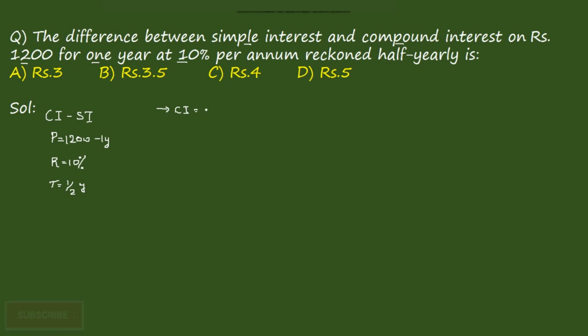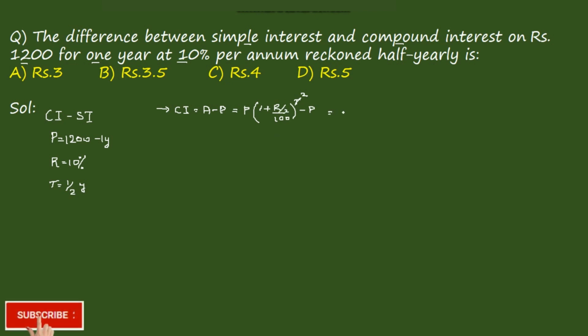The formula is A minus P, which is equal to P into (1 plus R by 100) whole power T minus P. But the time here is 1 by 2. So T becomes 2 and R becomes R by 2.